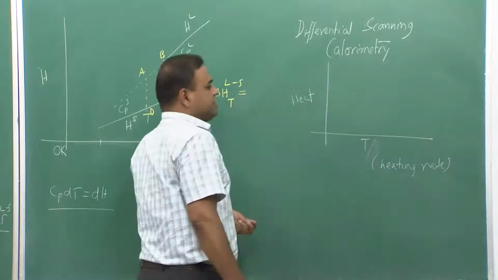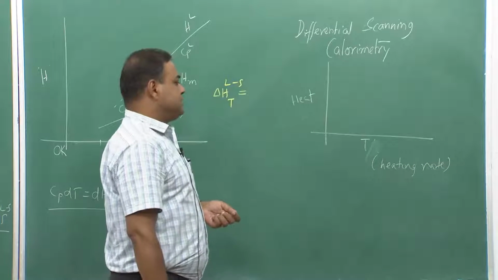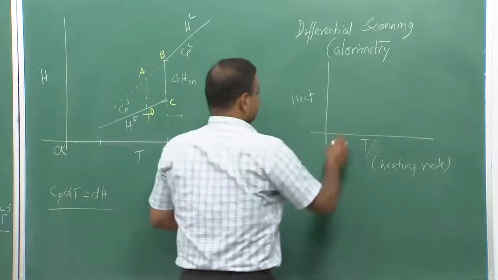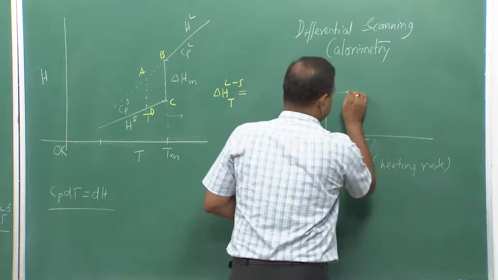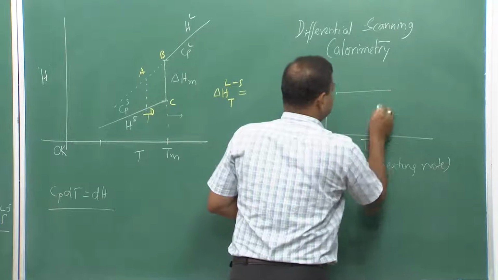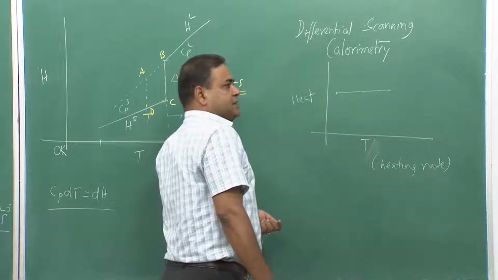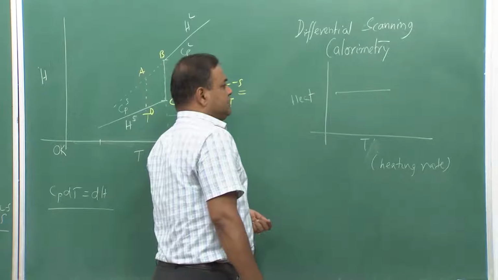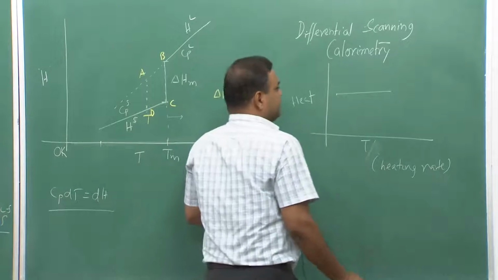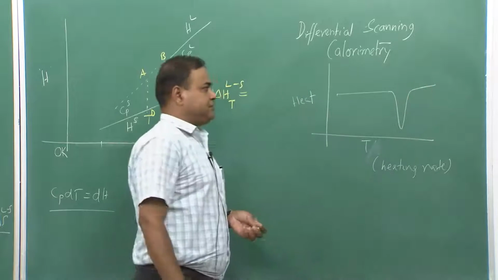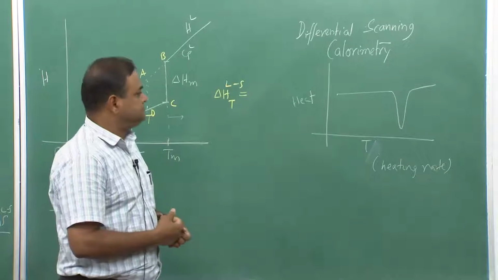And if we try to see a pure metal DSC pattern, DSC trace, we would see that when it melts, it is an endothermic reaction. So, you would get a plot like this, it absorbs heat.